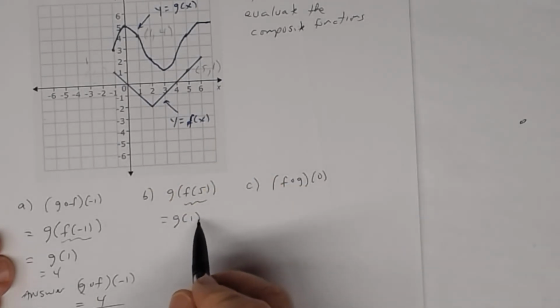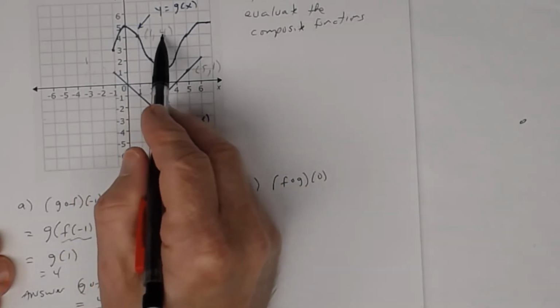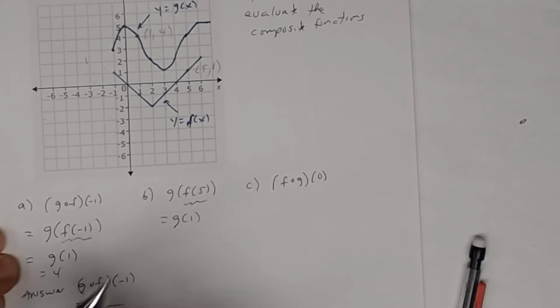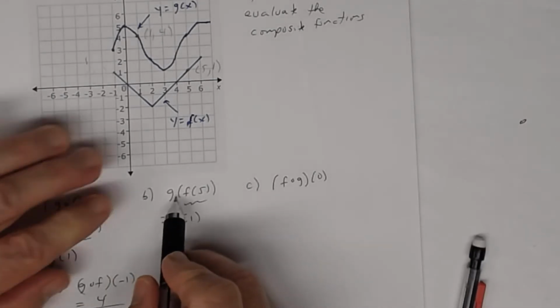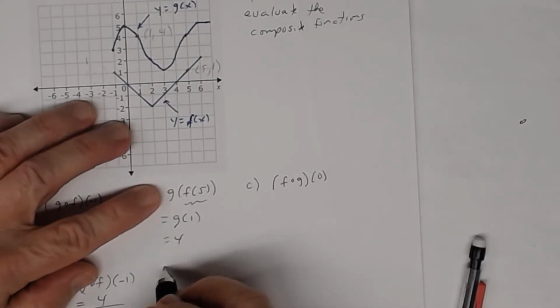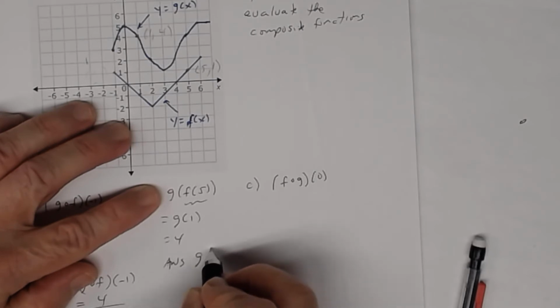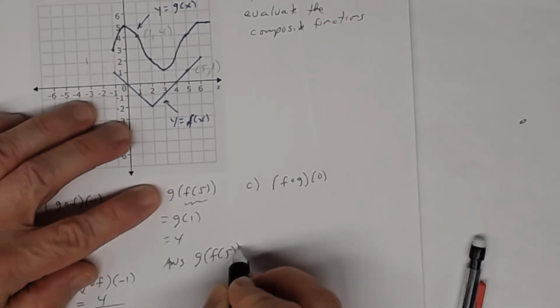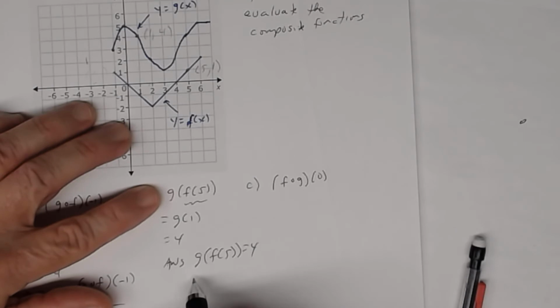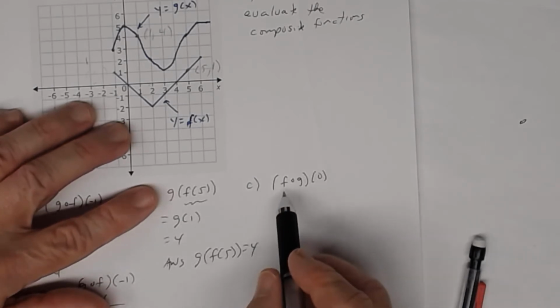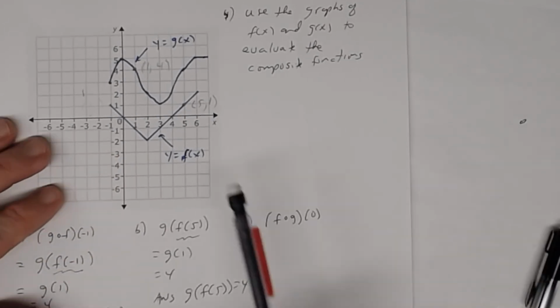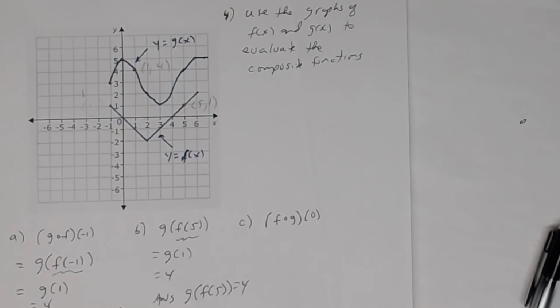So g of 1, when x is 1, my y value is 4. So this becomes 4. And so therefore, the answer, you're going to say g of f of 5 is equal to 4. Okay?